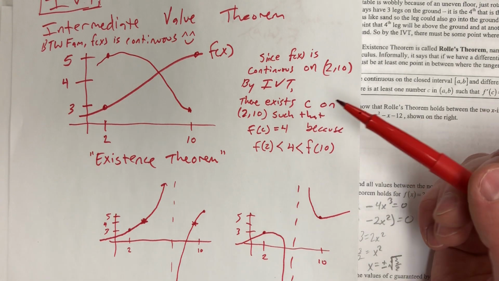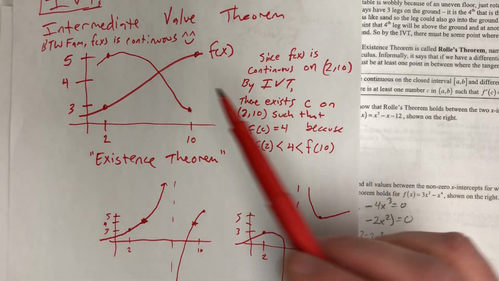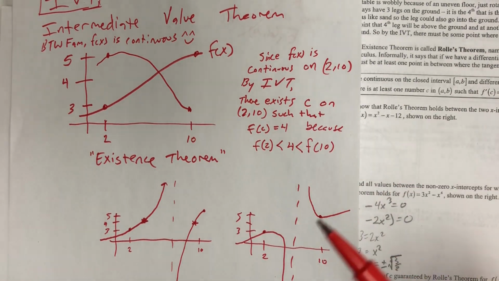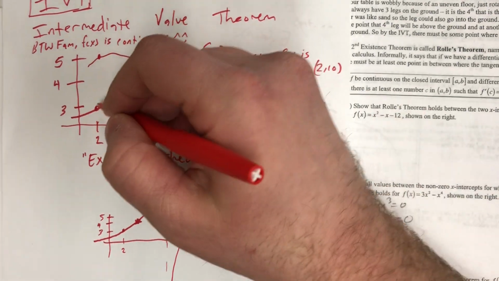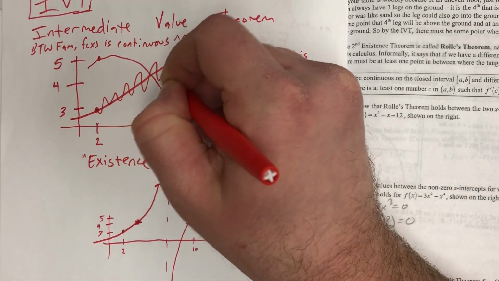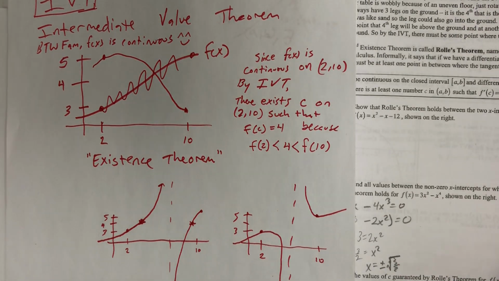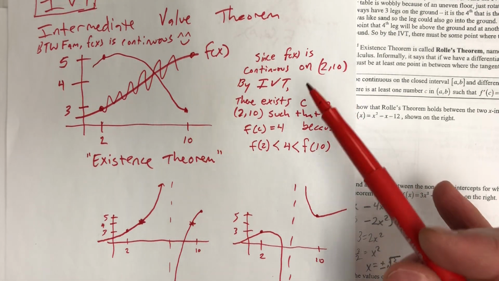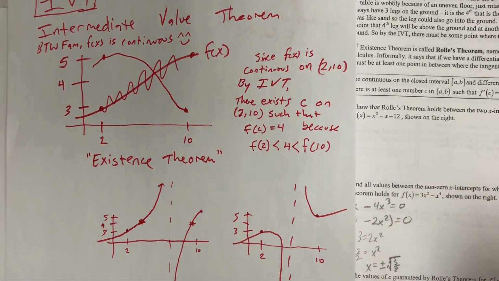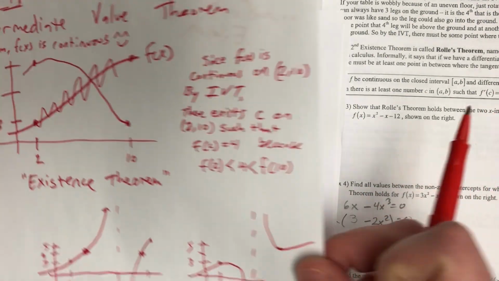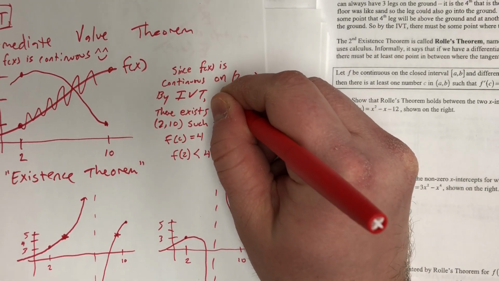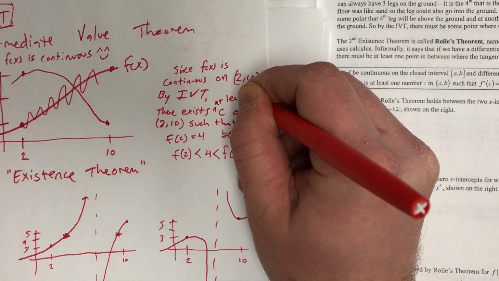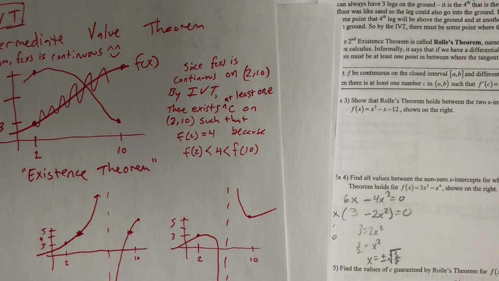How many times does f of x hit 4? When you see the picture, well, yeah, it hits 4 once. But what if it had done this? Now it potentially hits 4 more than one time. So instead of saying there exists c, if we want to be really precise, we should say at least one c.